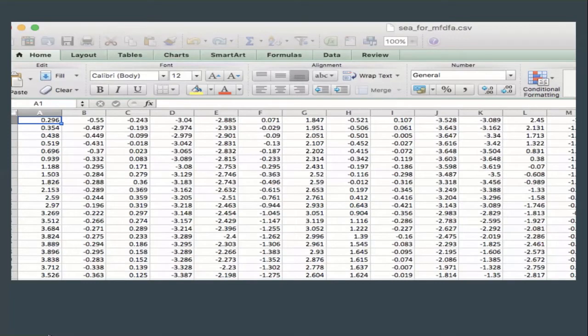Here's an example of a data set that came into the data repository for the University of Minnesota. This data set, not only did it look exactly like this, but it presented a number of additional challenges that you're not seeing here with just the Excel file. It turns out each one of these columns represents a unique participant in a study that was studying seasickness.